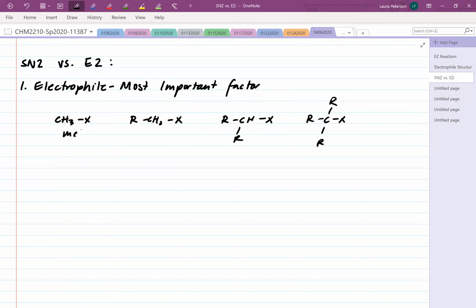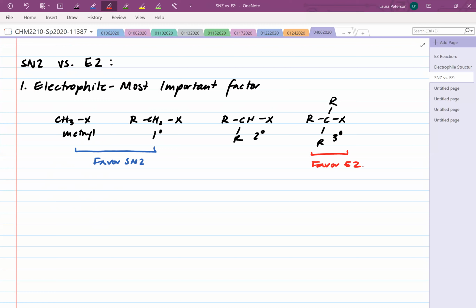We already touched on this a little bit in class earlier today, but remember that the methyl and primary halides are going to favor SN2. Tertiary is going to favor E2.